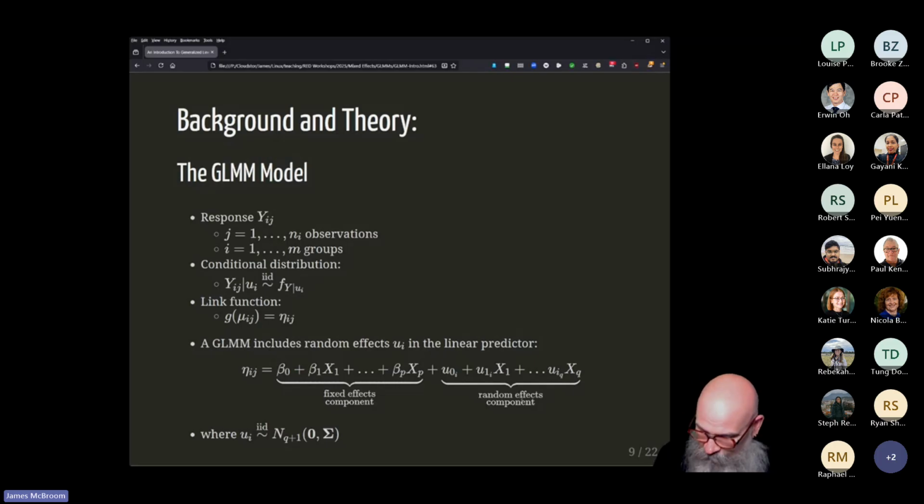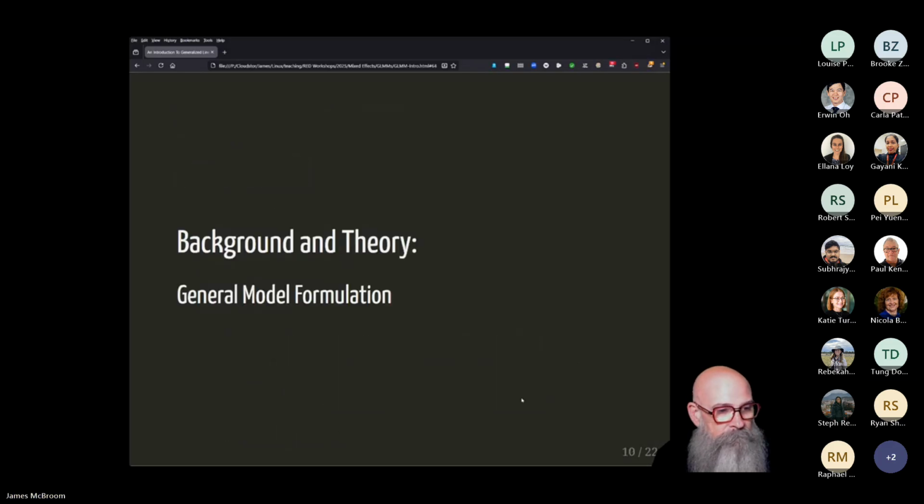We assume that they are independent, identically distributed, drawn from a multivariate normal distribution of dimension Q plus 1 with a 0 mean vector and a Q plus 1 by Q plus 1 square symmetric positive definite variance covariance matrix. We spent a fair bit of time 2 weeks ago talking about variance covariance matrices. We're not going to really go on about them again today.